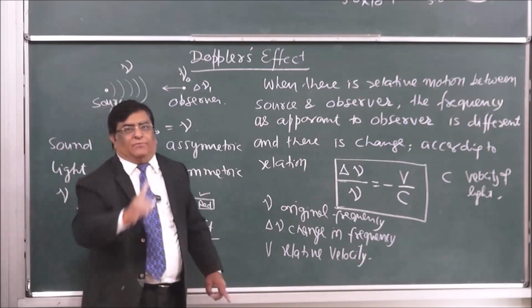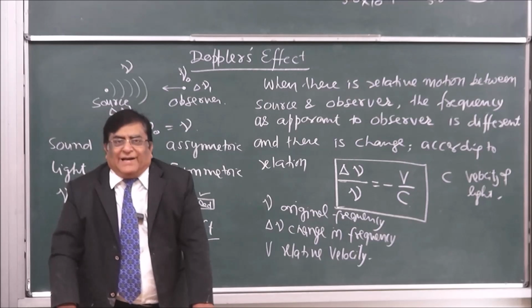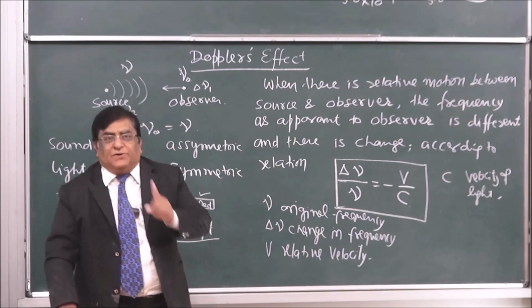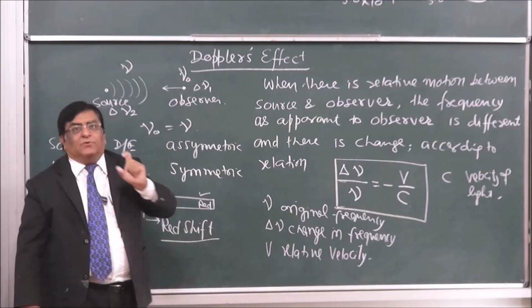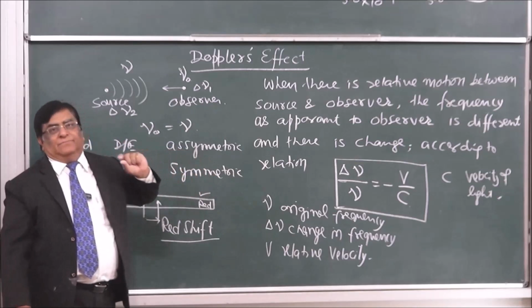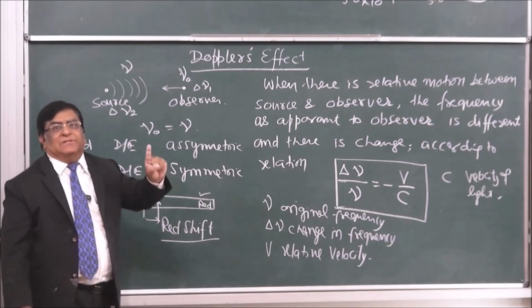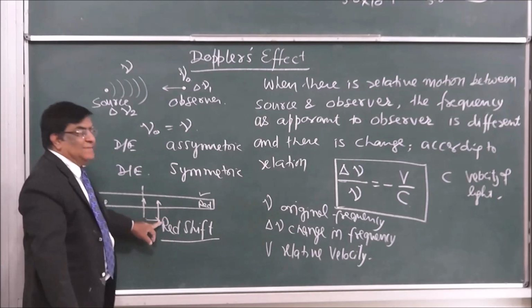Okay, now one line question. What is red shift? Answer, red shift is shifting of spectrum from a star towards red end of the spectrum due to decrease in frequency.